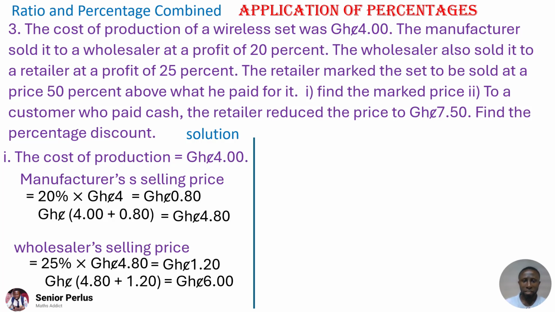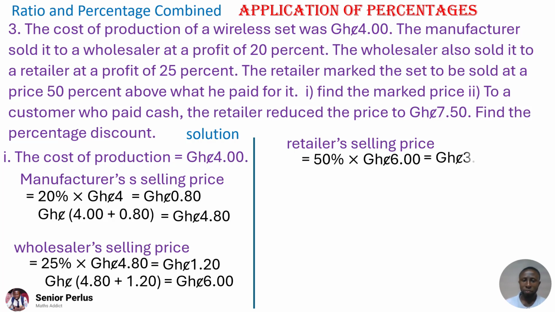So you see that the retailer marked the set to be sold at a price of 50% above what he paid for. Okay, so that's the mark price. If the retailer marks it, that's the original price. So they say find the mark price. Good. So the retailer's is 50% of what the wholesaler gets, the wholesaler selling price, and that one we get 3 cedi.